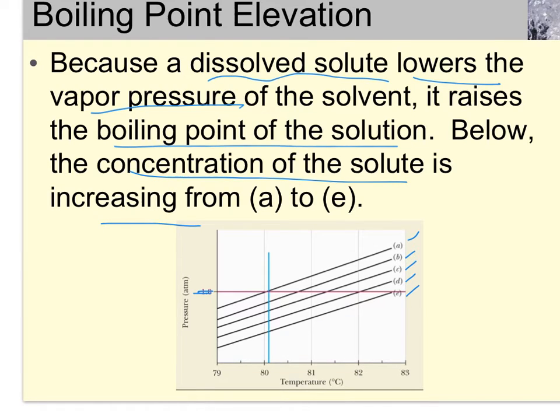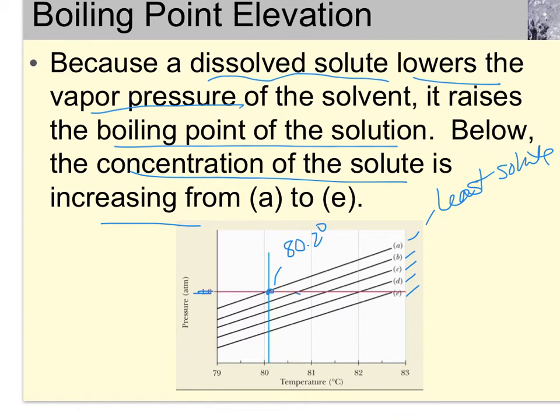So A has the least solute. And what is the boiling point of A? Right here. So the boiling point of solution A is maybe 80.2 degrees.